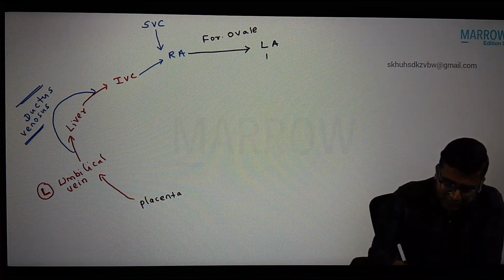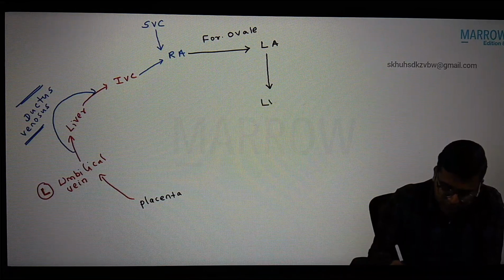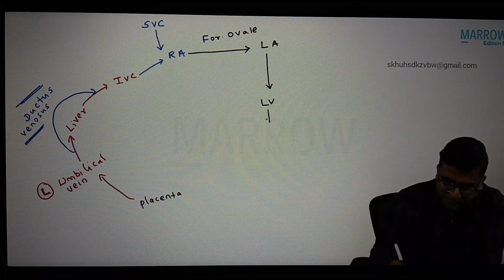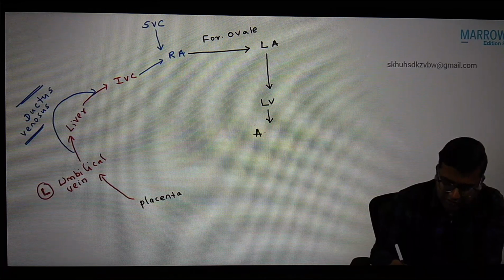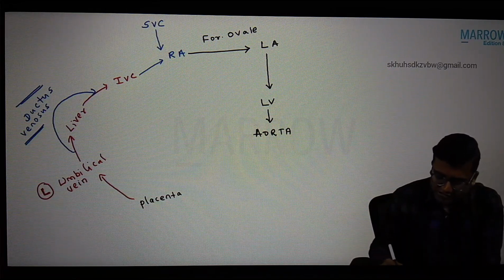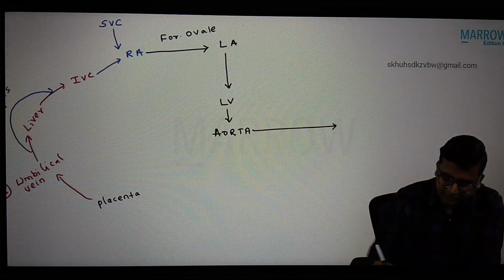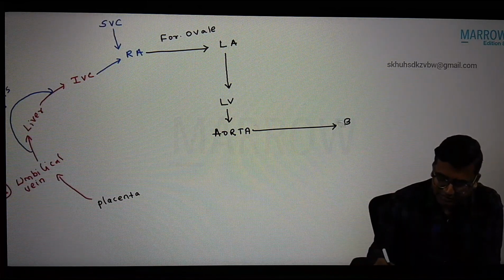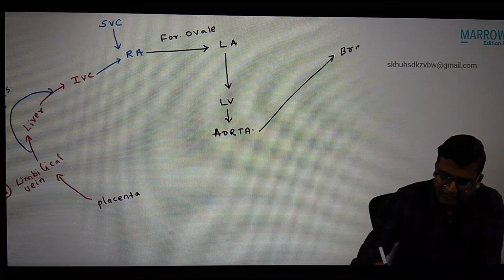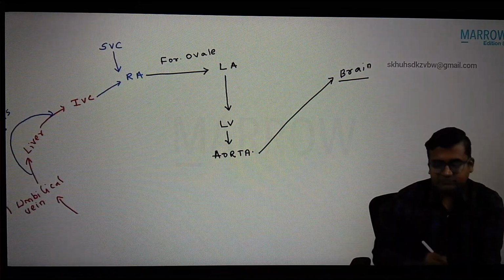Blood from the left atrium goes to the left ventricle, and from the left ventricle to the aorta. From the aorta, the oxygenated blood is given to the brain. We need the oxygenated blood to go to the brain.